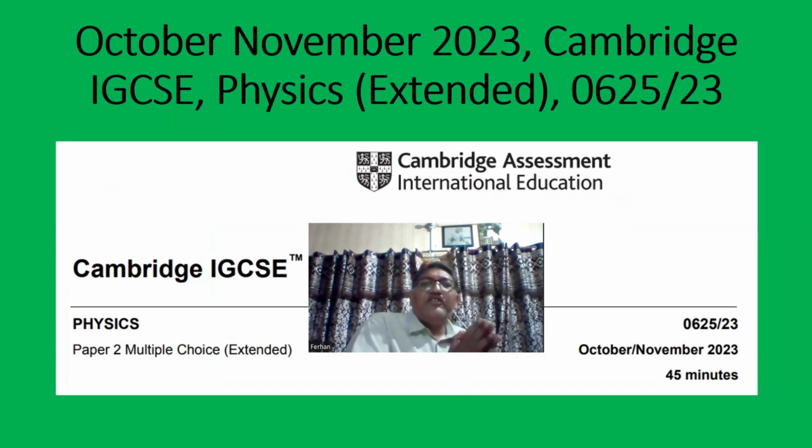This is Cambridge O-Levels, Cambridge IGCSE physics, the extended physics. I have tried my best to explain the concepts of this paper, and I have tried to write and also describe the procedures so that you can understand. The main aim of these videos is for the O3 students who are preparing for their final exam. So that's why we do not go into too much detail.